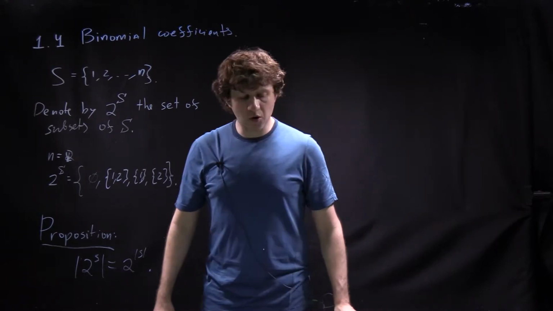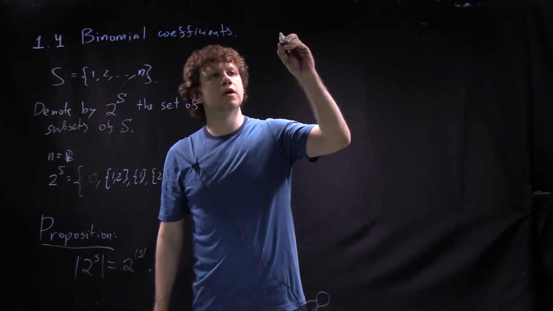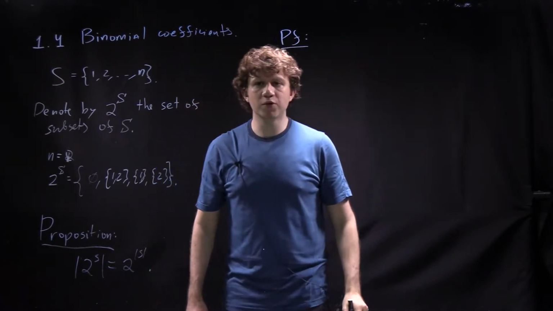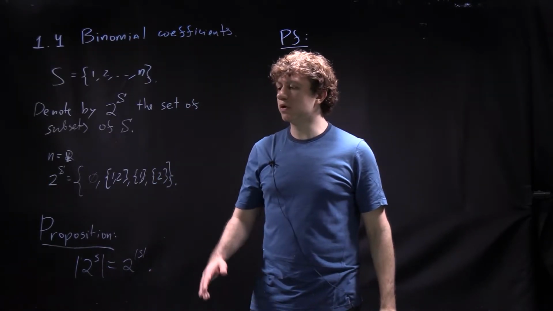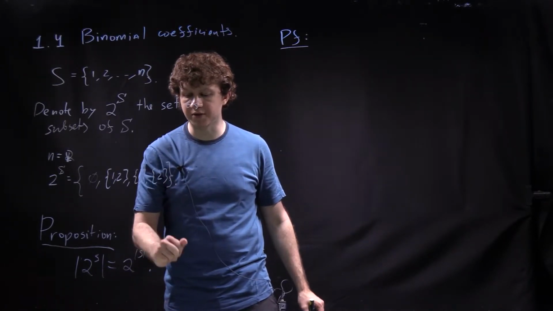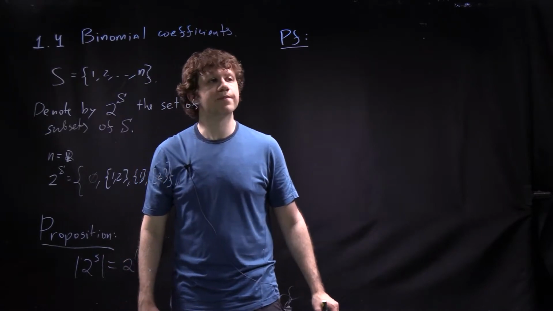Again, there are different ways to prove something like that, and I want not only to prove the proposition, but also to explain how to think about this 2 power S.